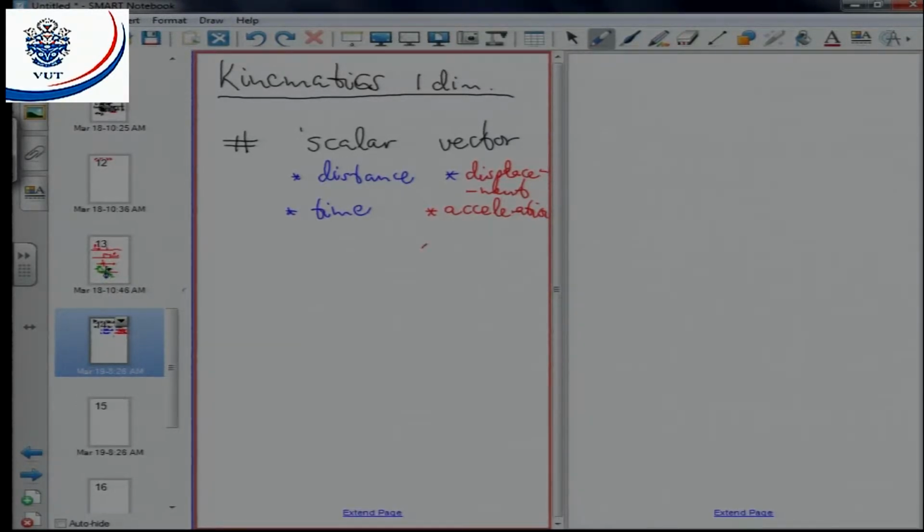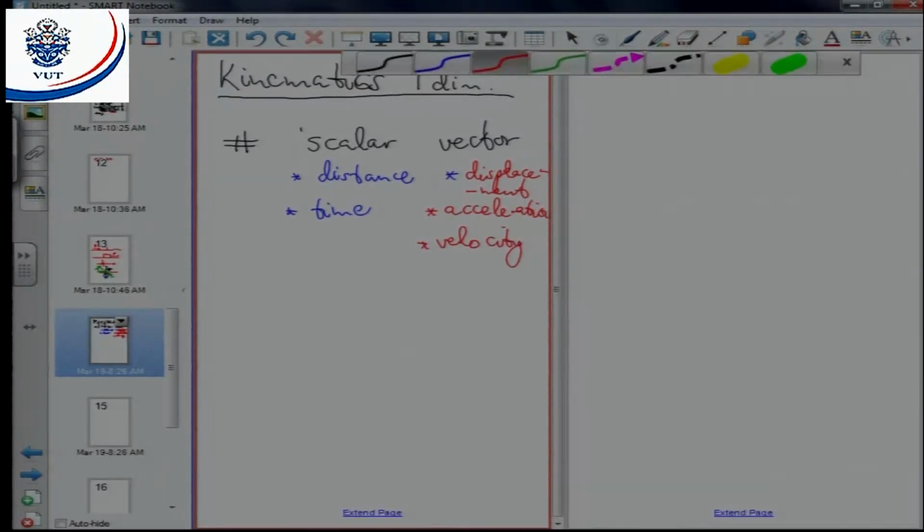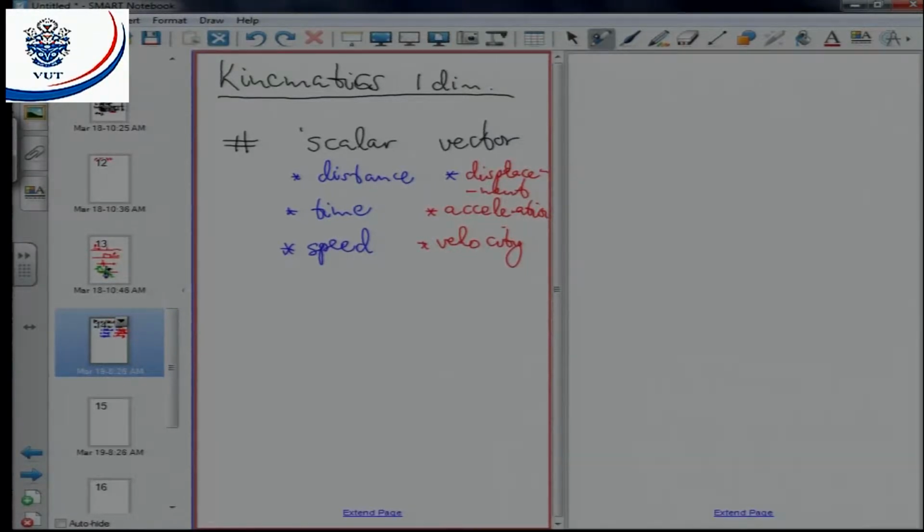Yeah, so velocity, which corresponds to speed when we go to scalars. So here we have speed, and there's many other examples. Maybe let's just mention them, but we're not going to study them in this section. So for scalars we also have mass, temperature, volume, area, of course, and so on.